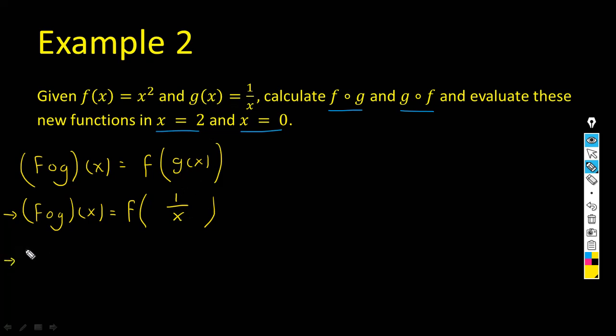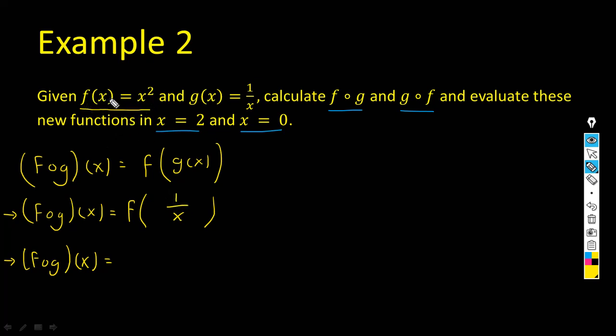Continue working. f of g of x is equal to f evaluated in 1 over x. But what is f? f of x equals x squared. So whenever I see the x, I'm going to substitute it for 1 over x.